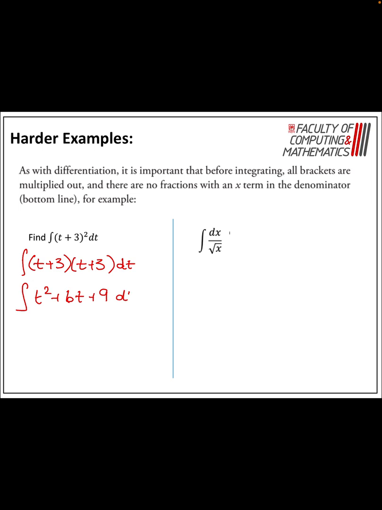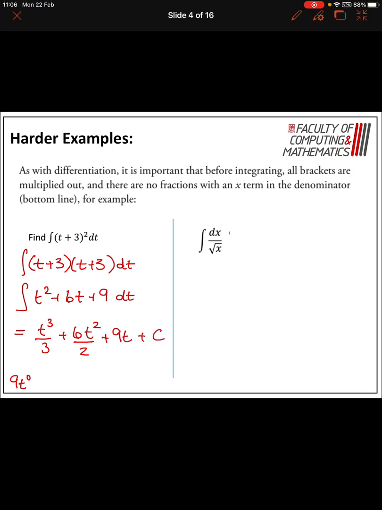And now I don't have any fractions or brackets in it at all. So I'm now ready to integrate it. I take each term individually. So add 1 onto the power, divide by the new power. Add 1 onto the power, divide by the new power. And same, just 9 would be 9t to the power of 0. That t isn't technically there just now. So if you add 1 onto the power, you would get 9t, divide by 1.